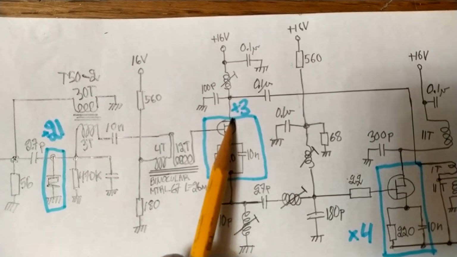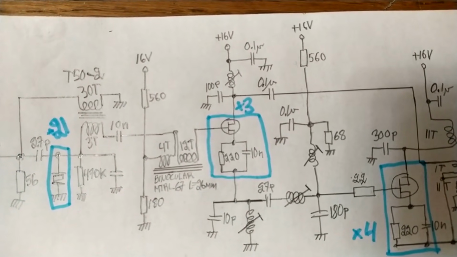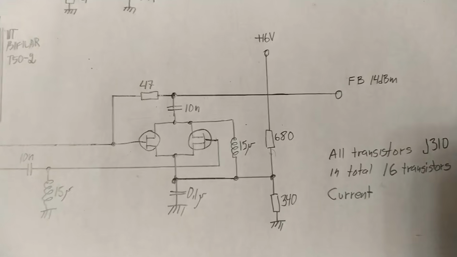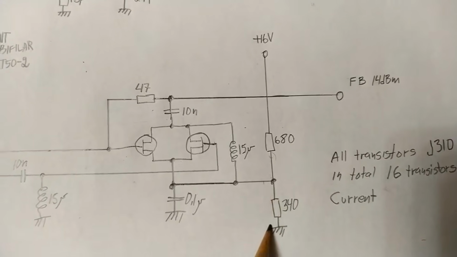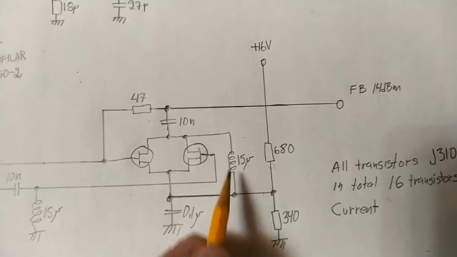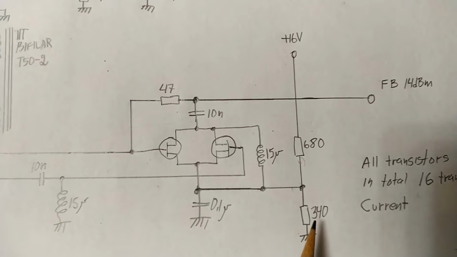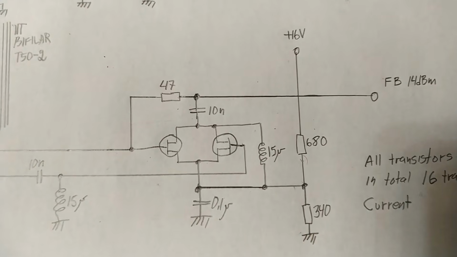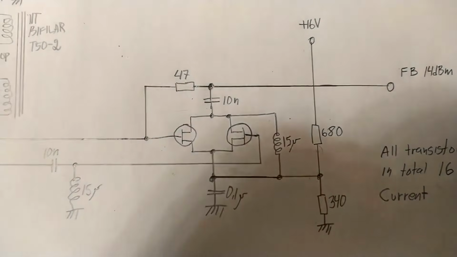The voltage on the drain here was clipped on the top side. To cure that, I put 1 kilo ohm from here to ground to lower the voltage on source and drain. And that reduced the power by about 2 decibels, and then there was no clipping anymore on the input stage.